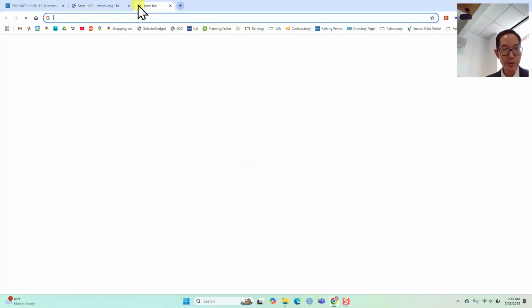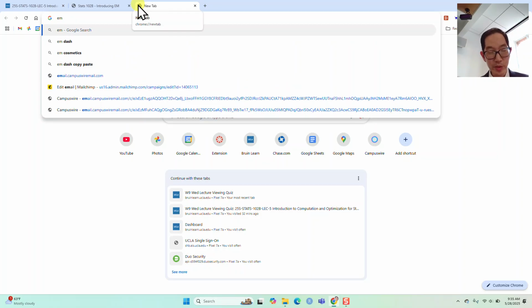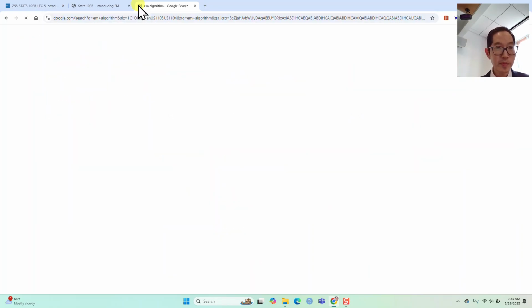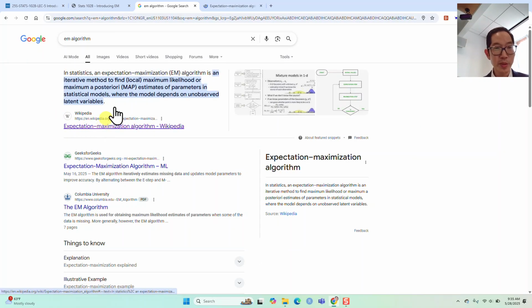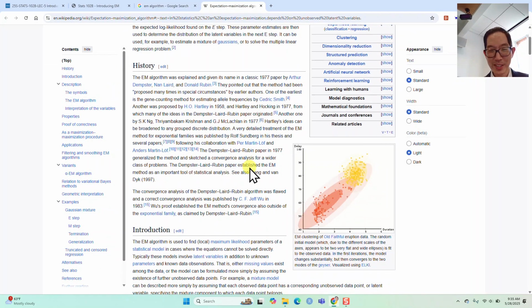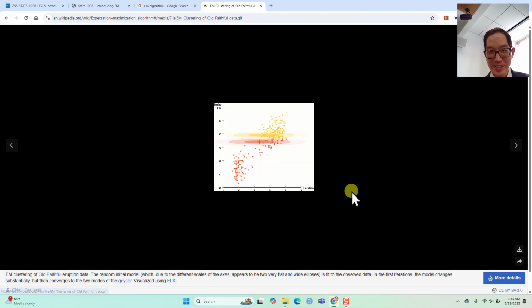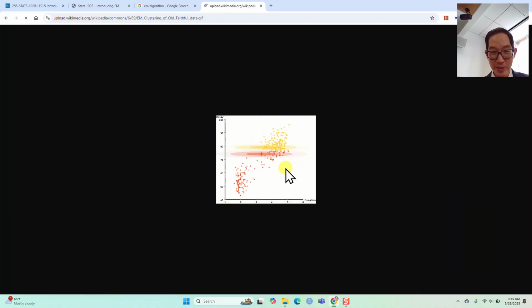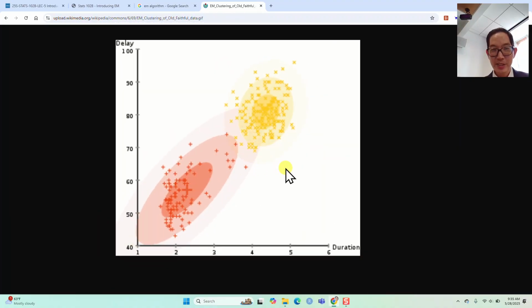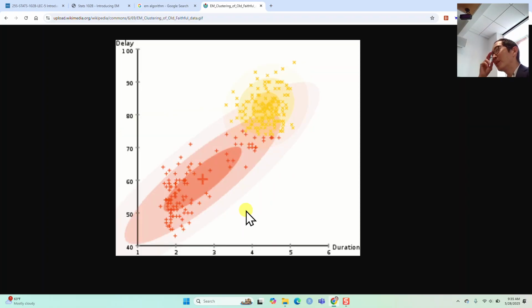I want to show a couple examples from Wikipedia. All right, so this is, I guess, a similar diagram. This is a real data set. I think this is from, what is it? Old Faithful.